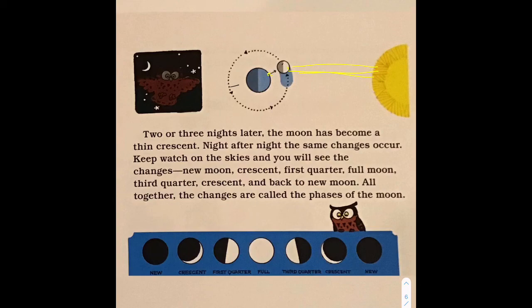Notice the earth, and if we were standing here, this is what we would look at. We would see the dark side. So what is that darkness there? Does that mean that the moon disappeared? No. Good job.